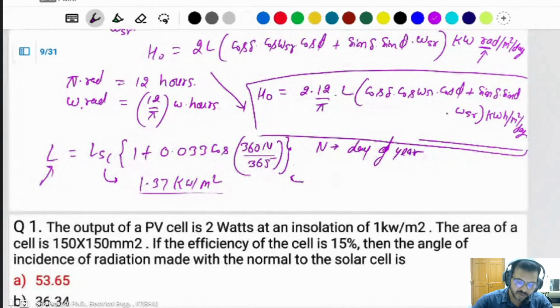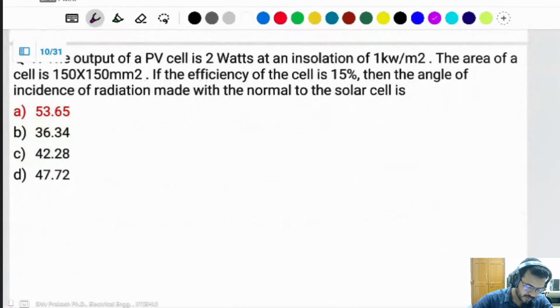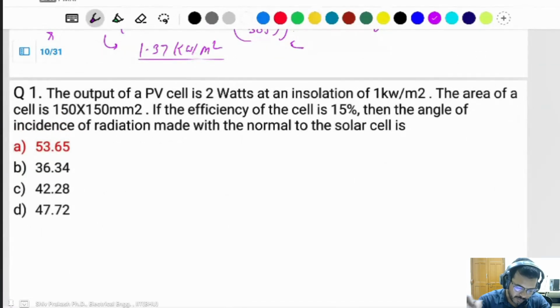Okay, let's start taking some questions. The output of the PV cell is 2 watt at an insolation of 1 kilowatt per meter square. The area of the cell is 150 by 150 mm square.